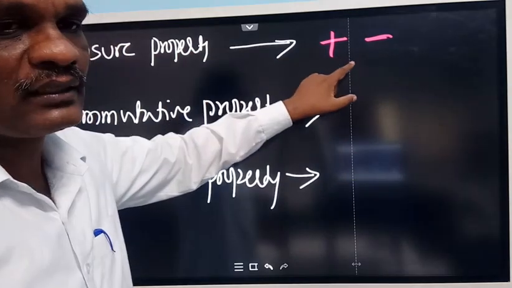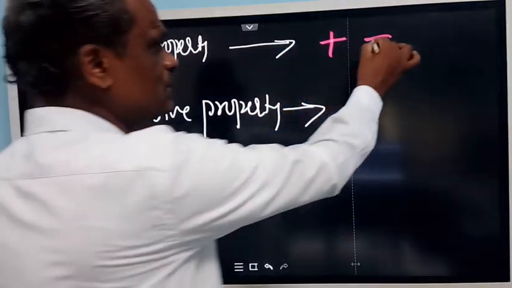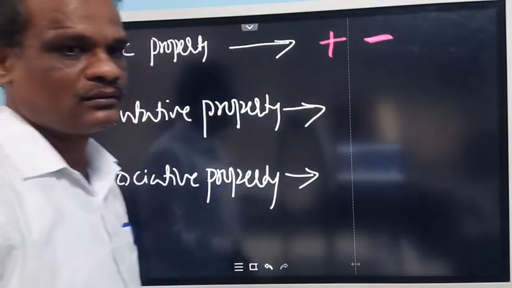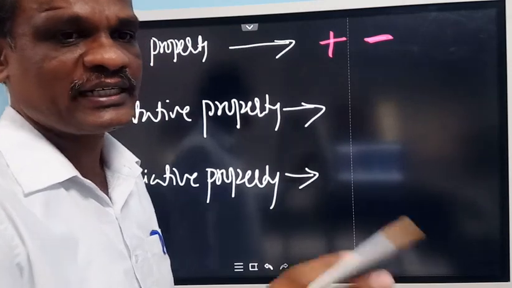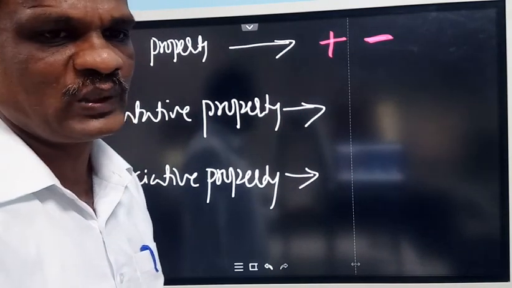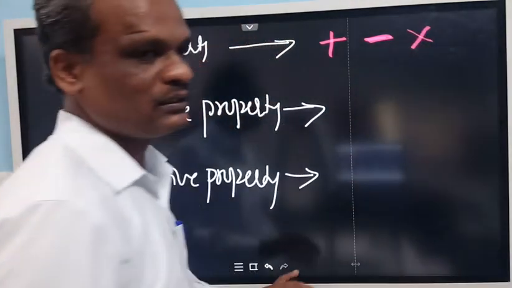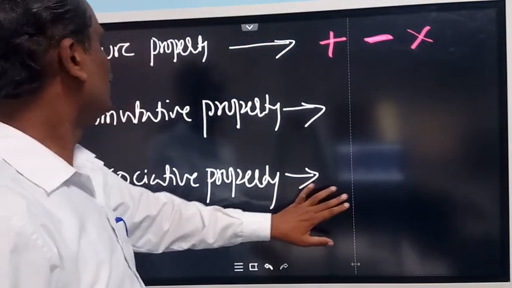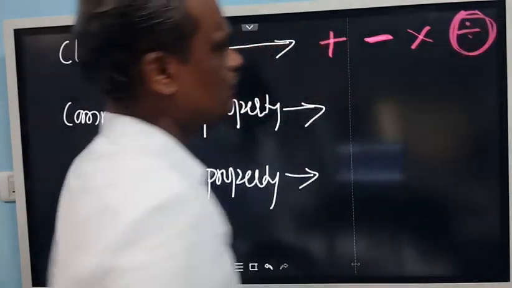Recall once again. Take any two rational numbers, add them, you are getting a rational number only. Take any two rational numbers, subtract them, you are getting a rational number only. It holds good. Multiplication also holds good. Okay. Division not possible.